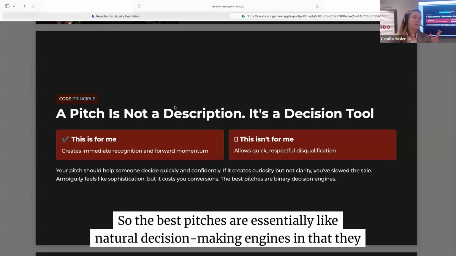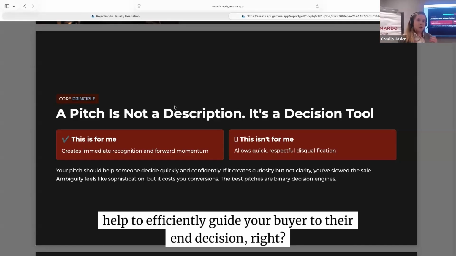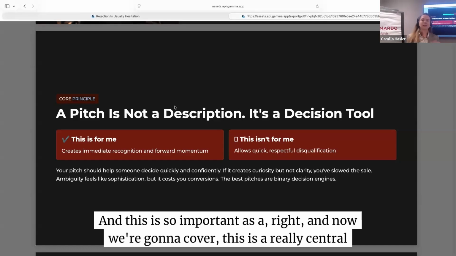So the best pitches are essentially like natural decision-making engines in that they help to efficiently guide your buyer to their end decision. And this is so important.